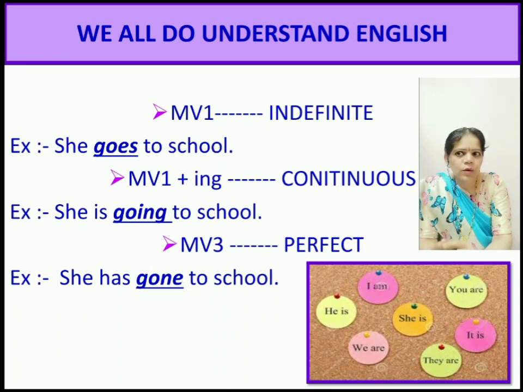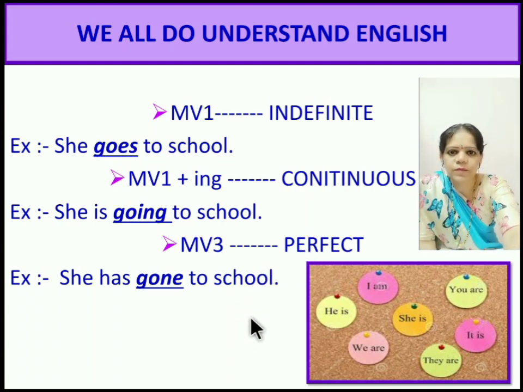Go, went and gone. Past participle. So MV3, past participle. So when you see the MV1 form, it is the indefinite. When you see the MV1 with ing, it indicates the continuous. And when you see the MV3, it indicates the perfect form of the tense.